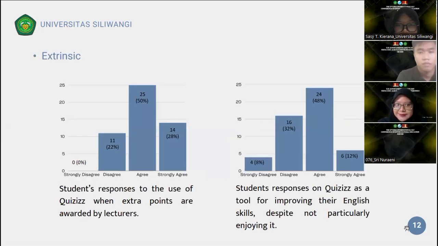Next slide, please. All right. For the extrinsic part, the results show that 29 students or 58% gain a strongly agree attitude, while for the 17 students or 34% gain an agree attitude. Here, the 92% of students feel pressed to compete with their classmates.